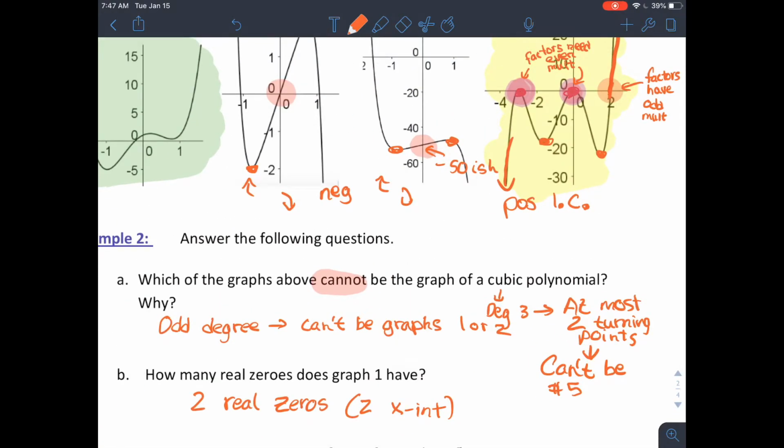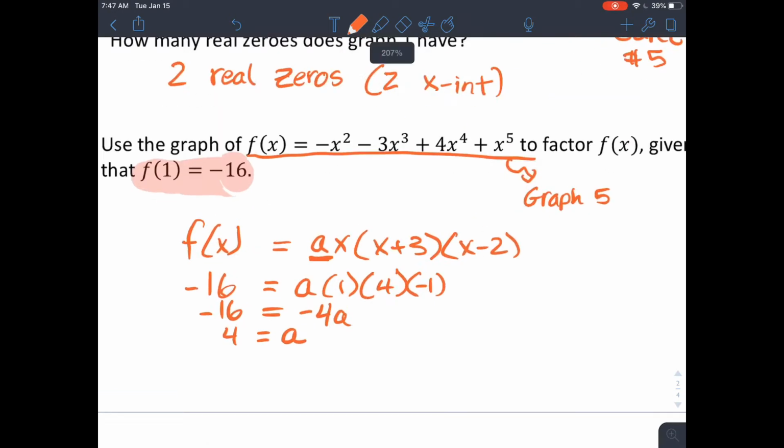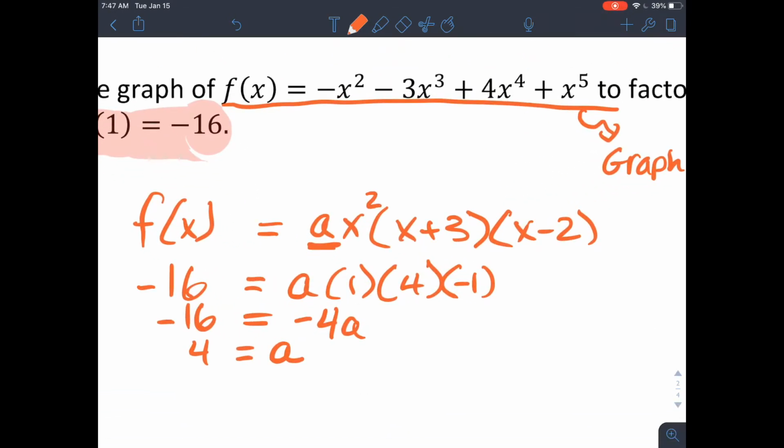Since our polynomial is degree 5, our factors of x and x plus 3 have to be squared, because they have that touching behavior. I can't go higher, otherwise the degree of the whole polynomial would be greater than 5.